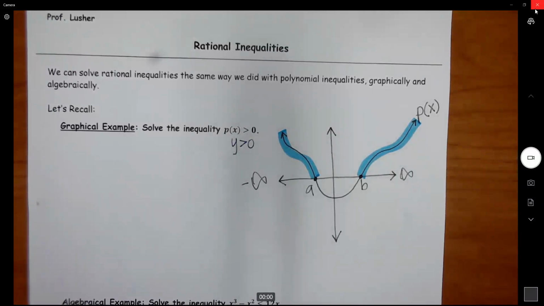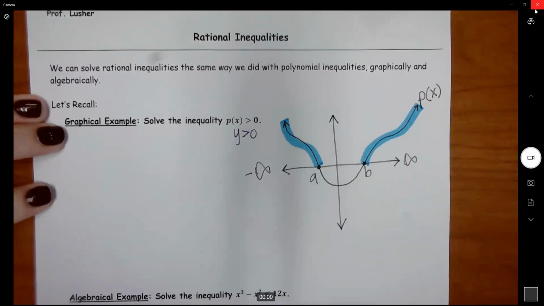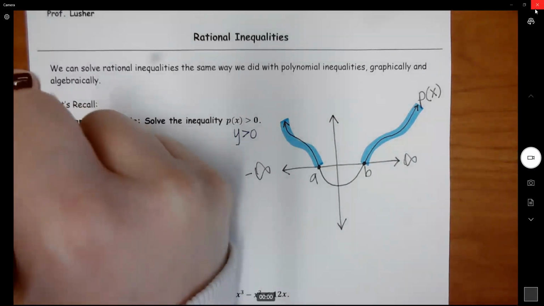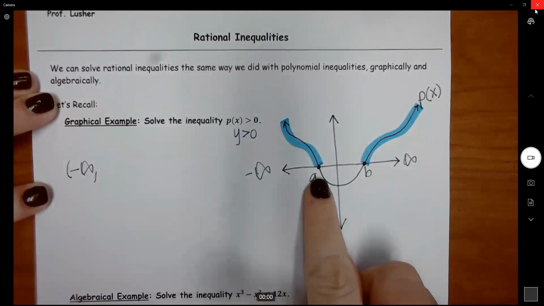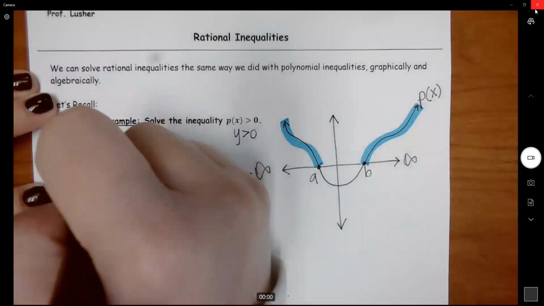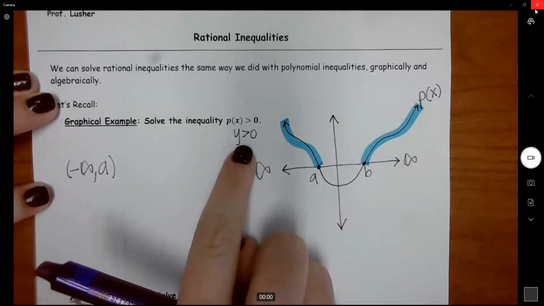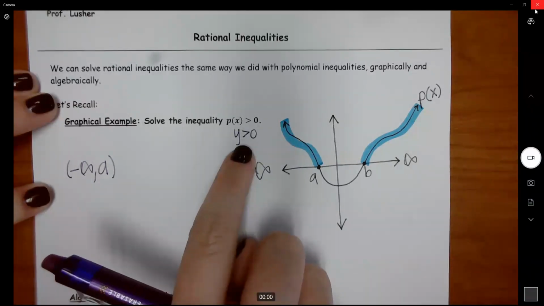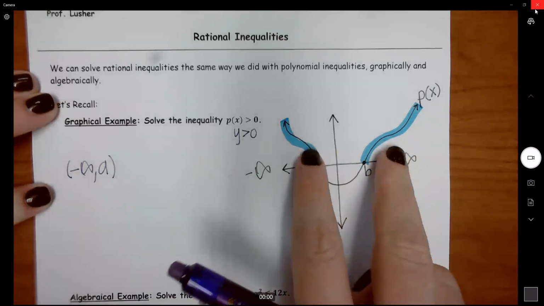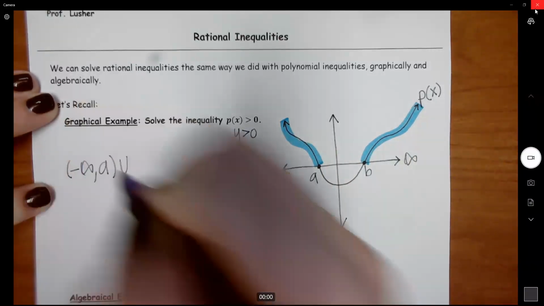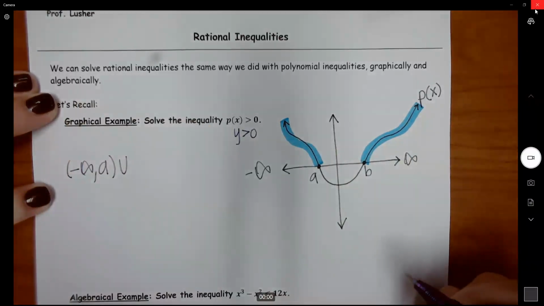If I was writing this in interval notation, we would say negative infinity all the way up until whatever point A is. It's going to get a parenthesis because this is only greater than and not greater than or equal to. Because we have the two portions here, we will do the union.